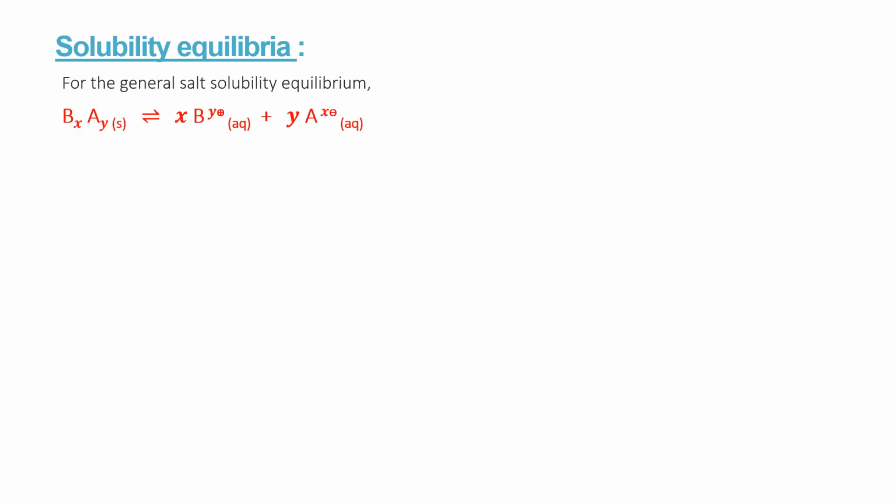Next, for this we are not taking any specific example; we are taking a general example. The general salt is BxAy in solid form. After dissolving, it gives x times B raised to y plus valency and y times A raised to x minus valency.